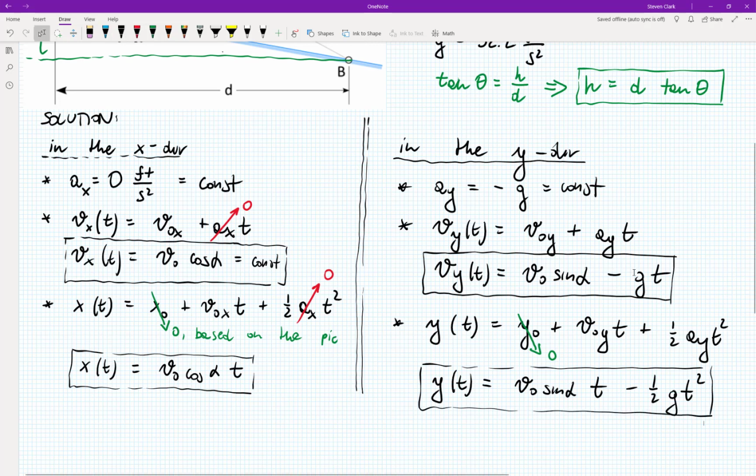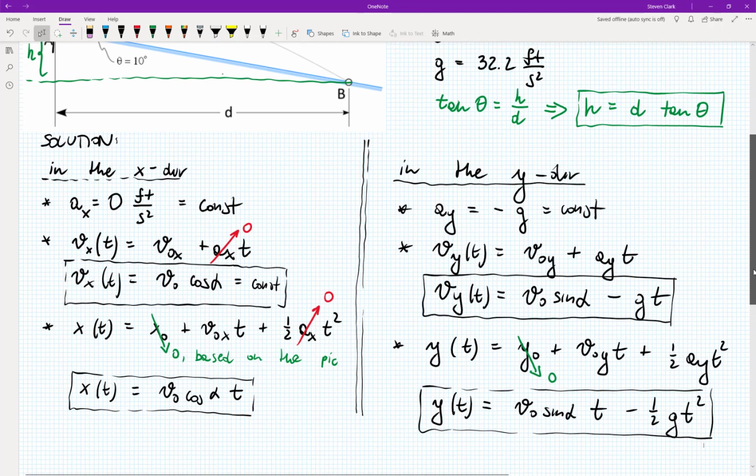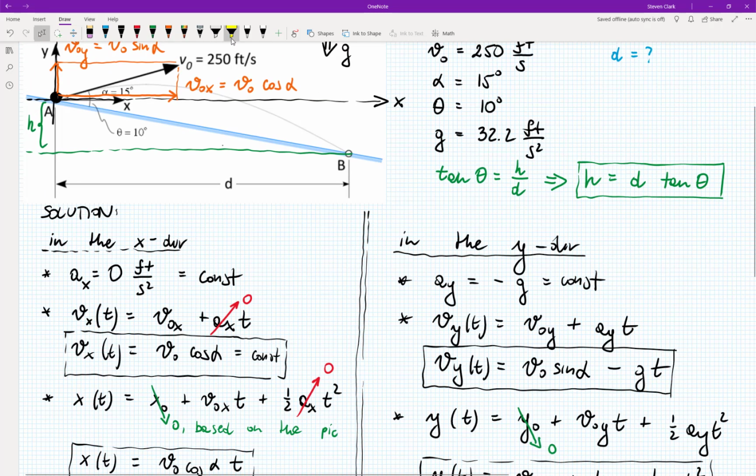Look what happened, guys. We have expressions for velocity in x and y directions, and also we have expressions for position in x and y directions. Yeah, so basically we have equations of motion. Yes, we exactly know how our particle moves. These are expressions, by the way, for this trajectory.